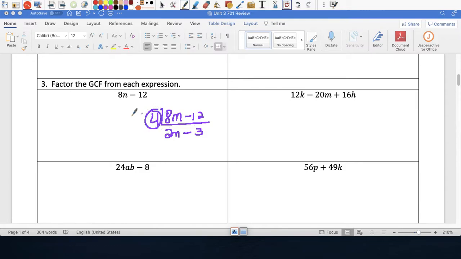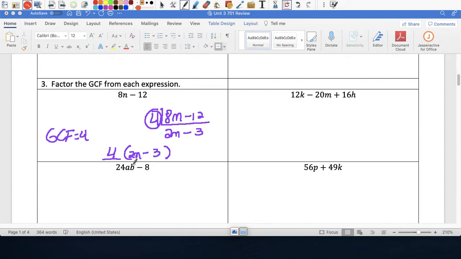So my GCF is 4. So we're going to rewrite the expression as 4, and then 2n minus 3.